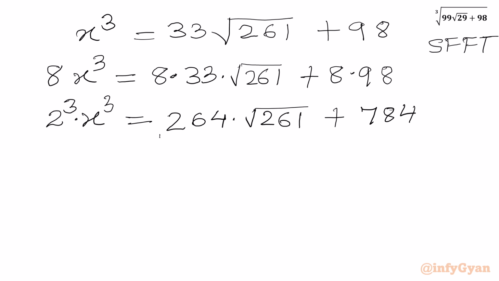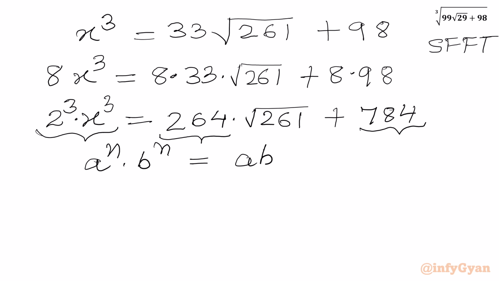Now we will split these two numbers, 264 and 784. And in the LHS we will apply one property from exponents: a power n times b power n would be equal to ab whole power n. So in the LHS I will be writing 2x whole cube.